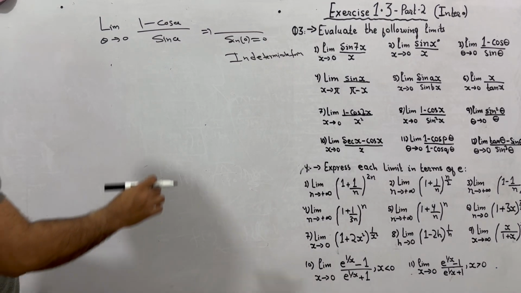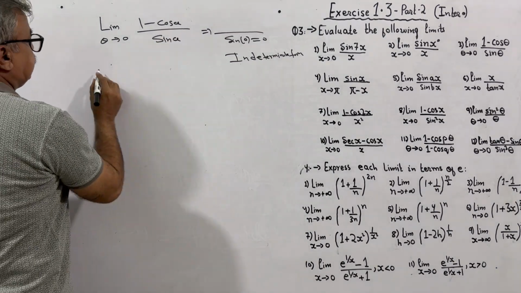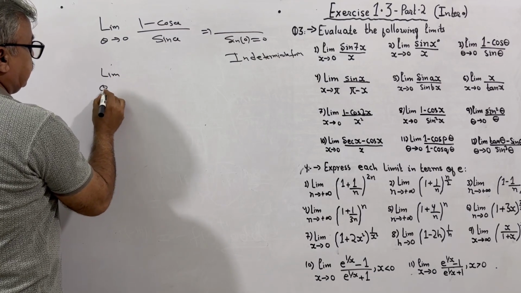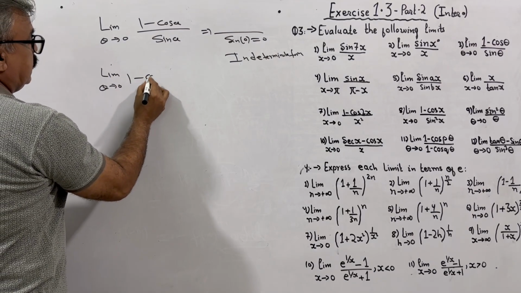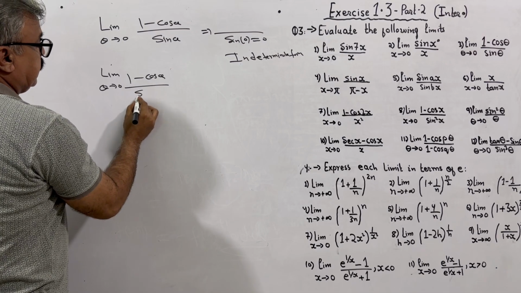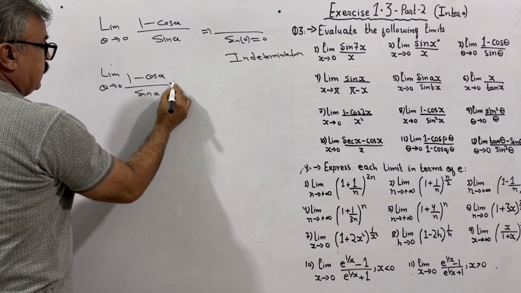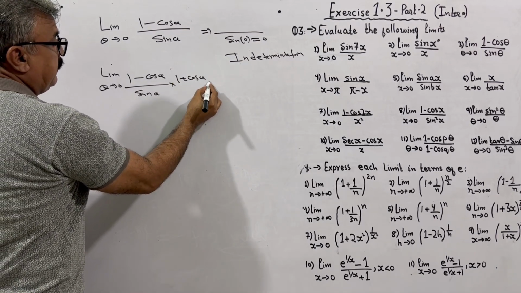We have to get rid of this 0 in the denominator. You have several possibilities. The first is to just rationalize. Limit theta tends to 0 of (1 minus cos theta) divided by sin theta. Rationalize: multiply and divide by 1 plus cos theta.